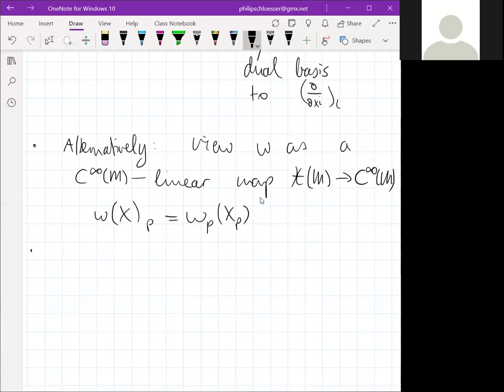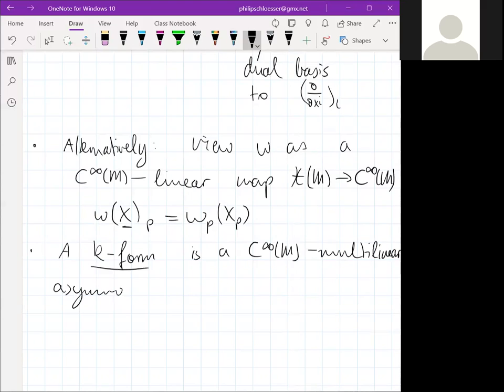And now based on that definition, we can expand it to have omega take more than one argument. So this is a one form because it takes one vector field, and a k form is a C infinity M multilinear asymmetric or anti-symmetric map that takes k vector fields and produces a smooth function.